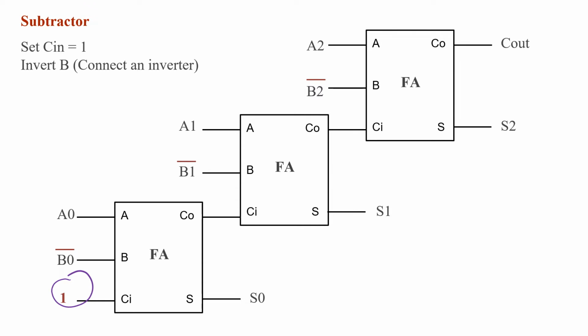This will ensure that we get the 2's complement of B, and again this will act as an adder that adds A with the 2's complement of B. That means it will do A plus negative B, and the result will be subtracting B from A, which is basically a subtractor made using full adders.